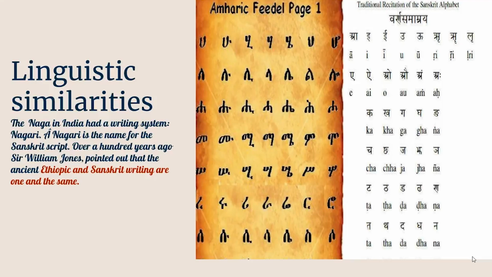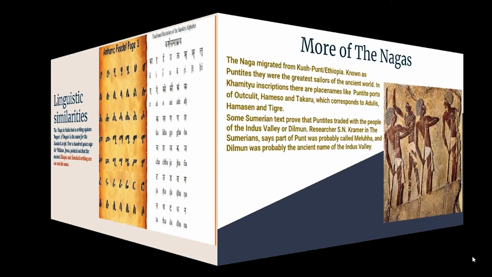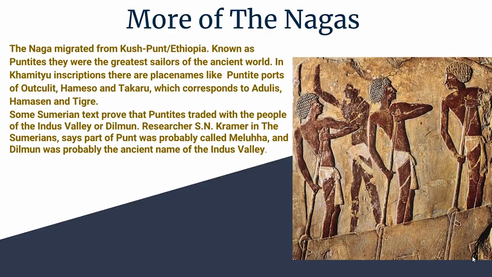More about the Nagas. The Naga migrated from Kush or Punt, Ethiopia, known in ancient times as Puntites. They were the greatest sailors of the ancient world. We have seen scholars already attesting to that, and the fact that they are Africans in these lands attests and proves that. In the Kenichu inscription, there are place names like Puntite ports of Otukul, Hameso, and Takaru, which correspond to Adulis, Hamesen, and Tigwe.